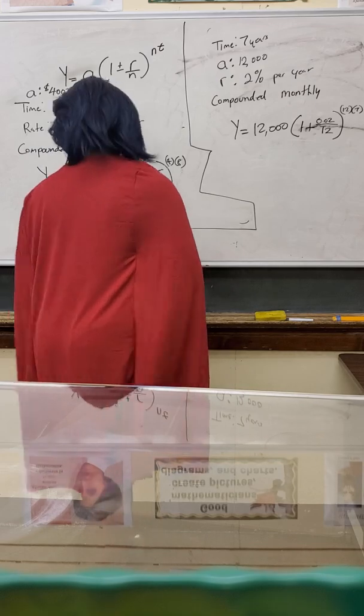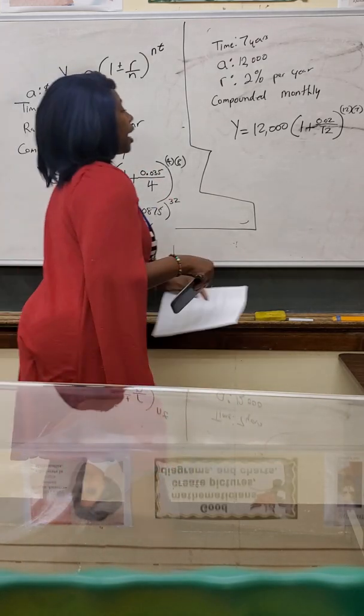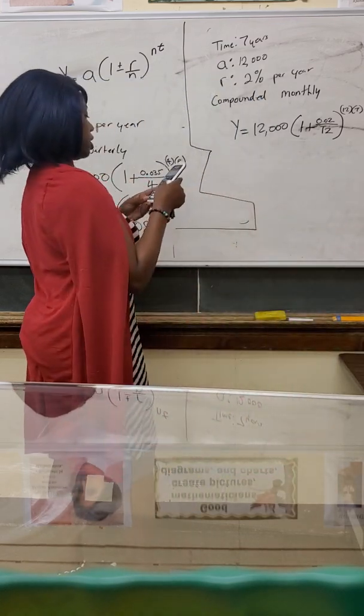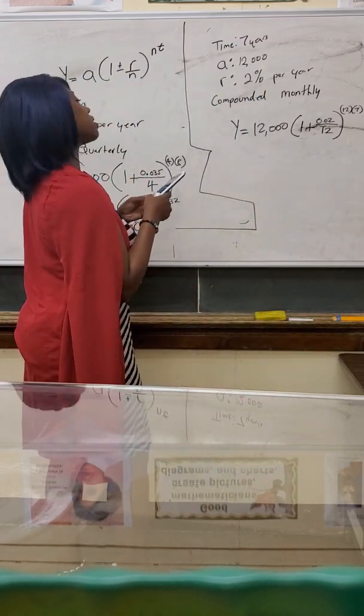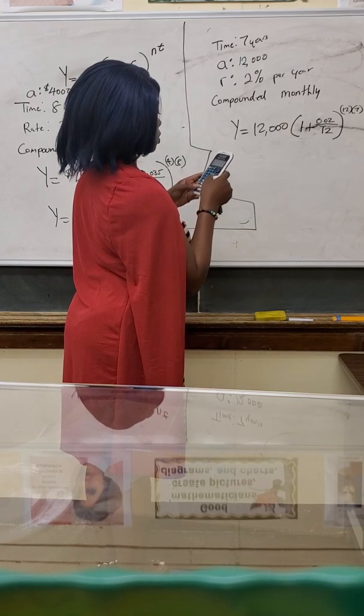And then I take my handy-dandy calculator, and I make sure I do the order of operations. So 1 plus 0.02 divided by 12.